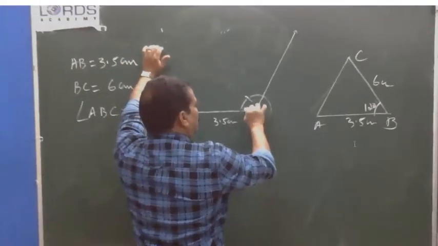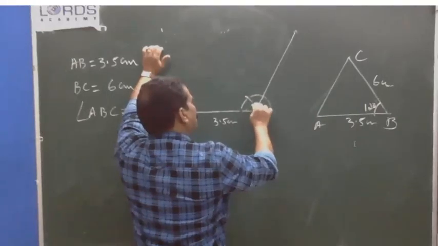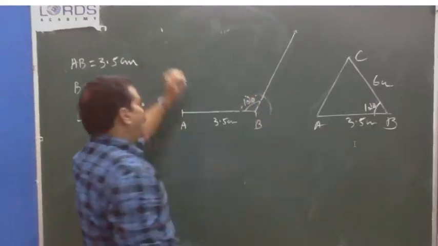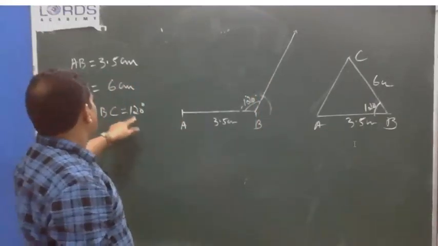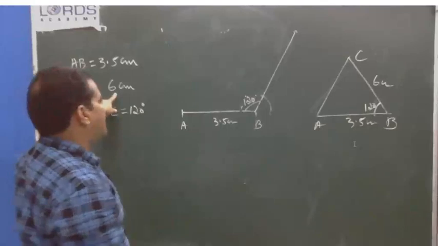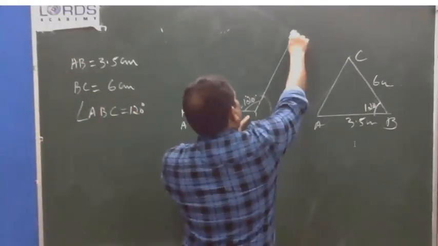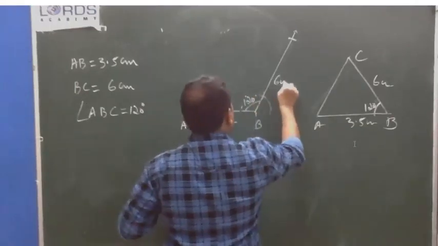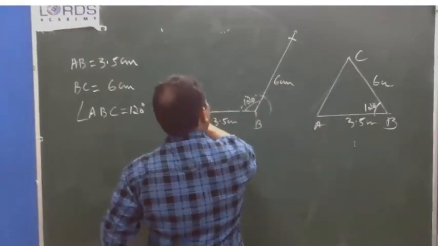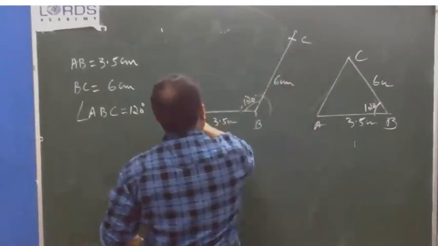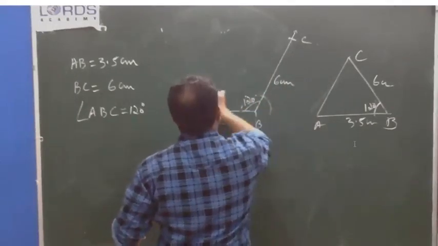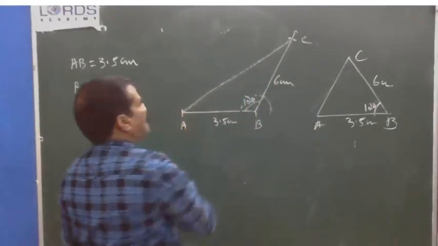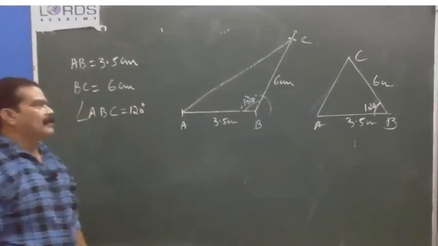Then BC is equal to 6 centimeter, from B you take 6. Join, this is 6 centimeter. Join AC using scale.